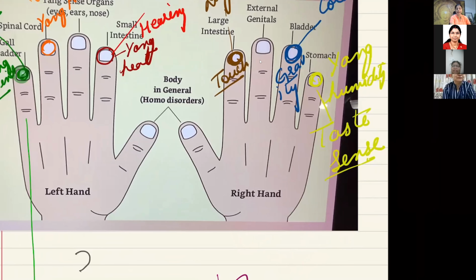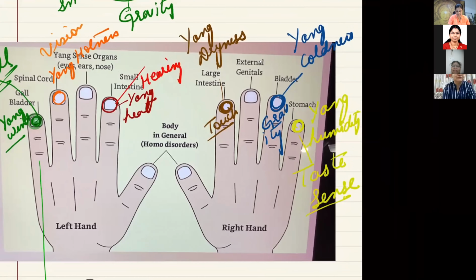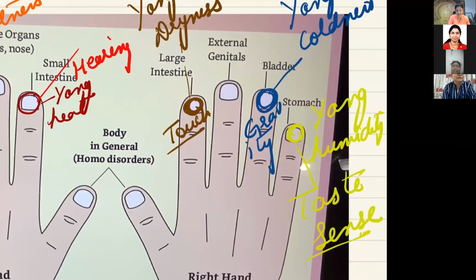Now I will give you one example. For example, this person has a bladder issue, UTI. This is in fact an acute infection. So before applying seed therapy, you can do one step.